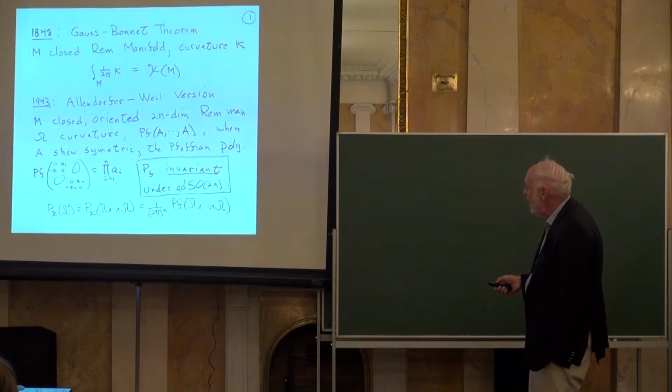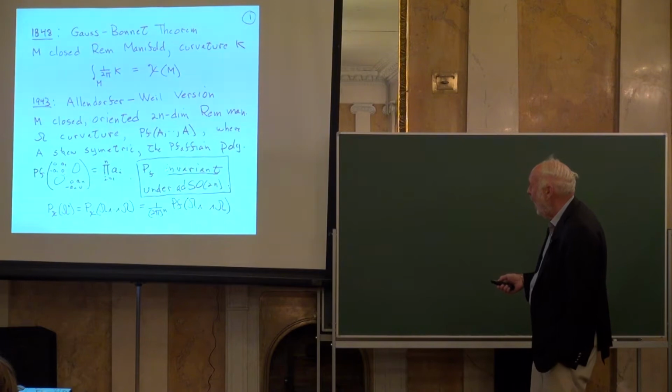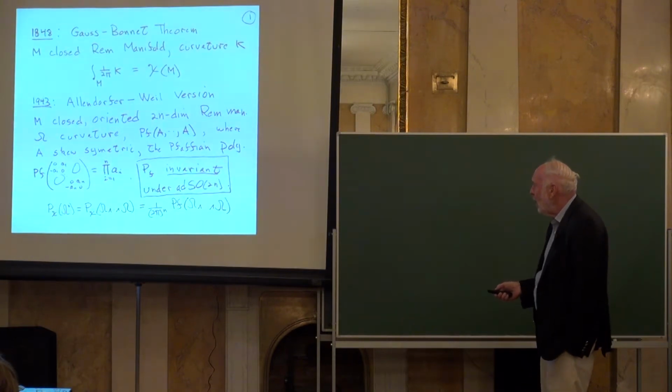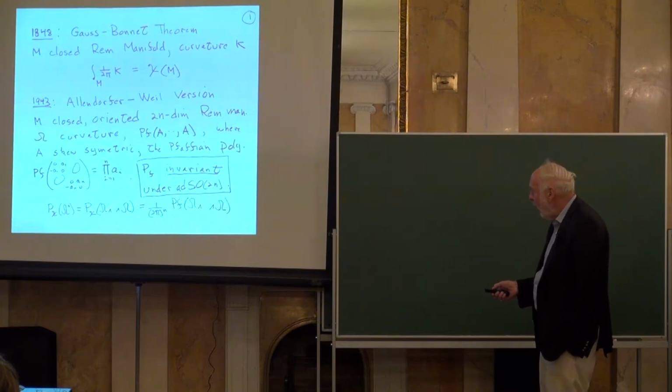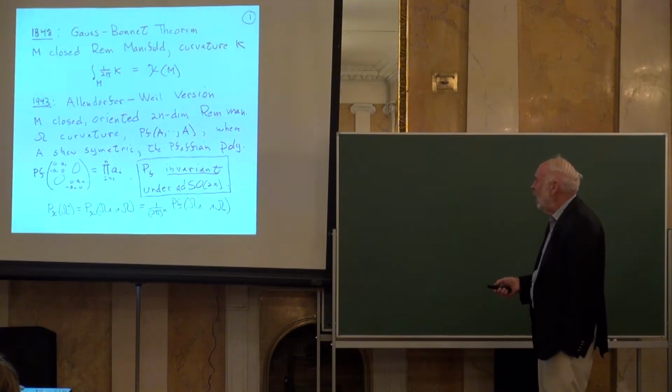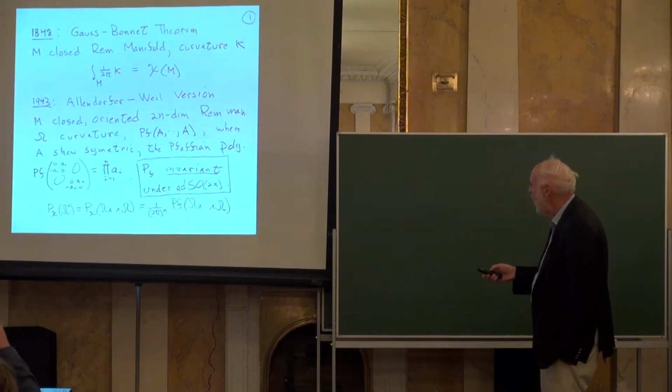That's invariant under the adjoint action of the special orthogonal group. You plug the curvature into it. You take the curvature form, omega, wedge it with itself in a certain way, make this characteristic form, and normalize it appropriately.